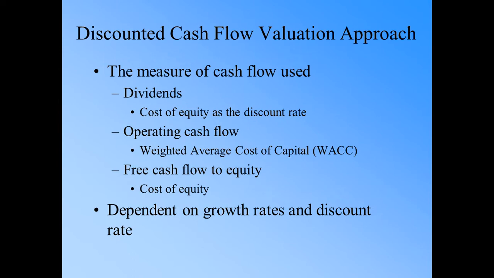In this case, we measure the cash flows in shape of the dividend, and then we discount it on the cost of equity, or we can call it the required rate of return on equity. Similarly, operating cash flows are discounted by the weighted average cost of capital, because in operating cash flow there is the claim of every investor.